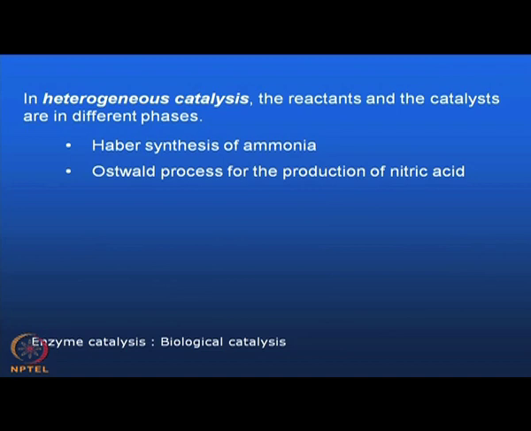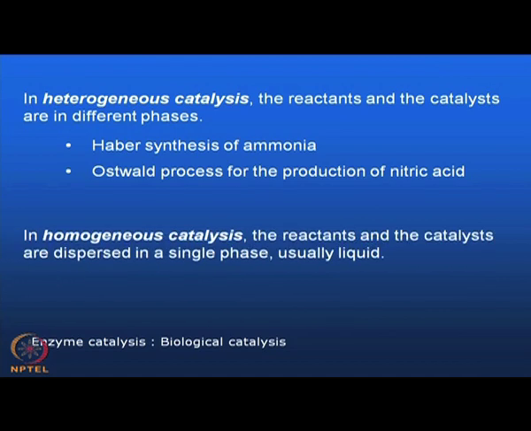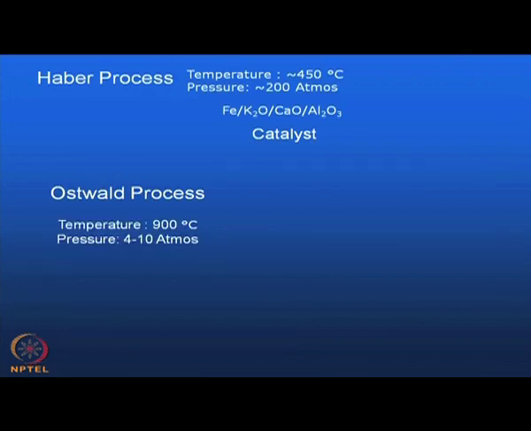One is the Haber synthesis of ammonia, an example of heterogeneous catalysis, where the catalyst is in a different phase than the reactant and product. And we also talked about homogeneous catalysis, where catalyst, reactants and products are all in the same single phase. We also gave a very brief introduction of enzyme catalysis, which is nothing but biocatalysis.